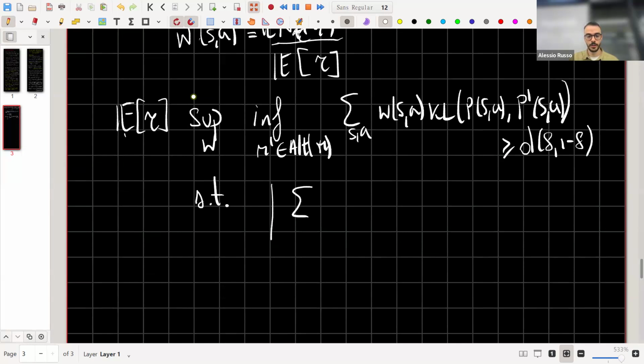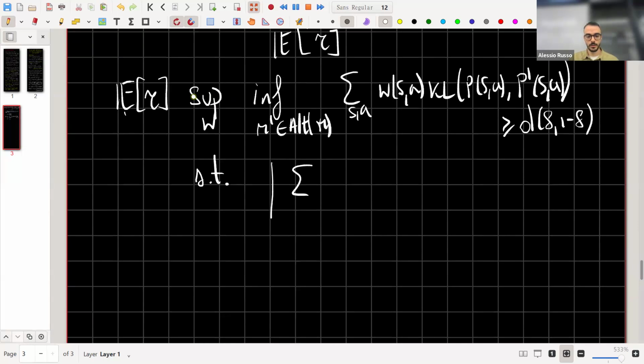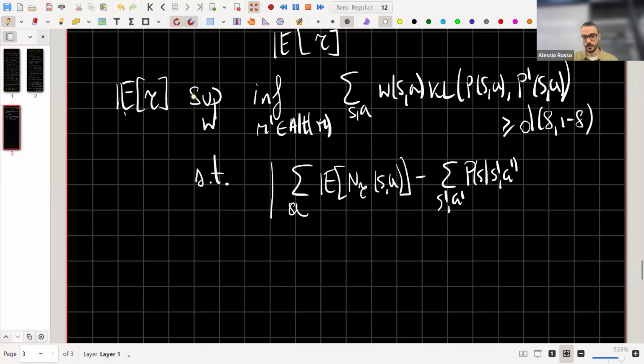So what is that constraint saying? The constraint is this one, less than 1.